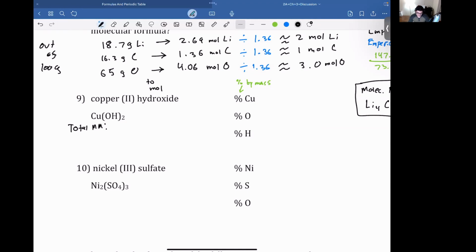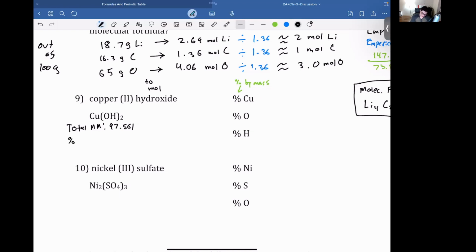So the total molar mass of this, let's see, is, again, you would add it up on the periodic table. 97.561. So the percent of the total molar mass attributed from copper, and again, we're talking in terms of molar mass now.